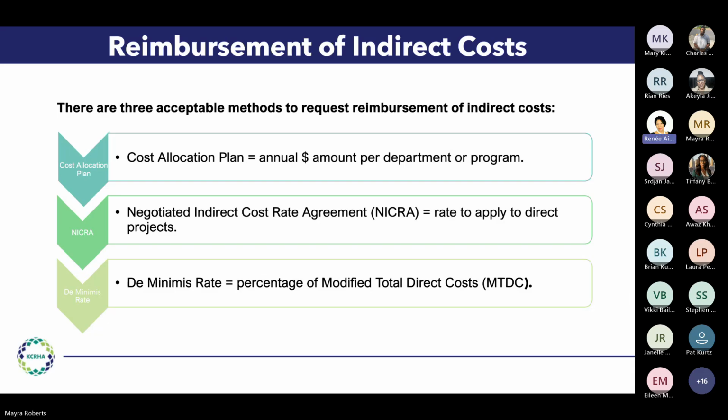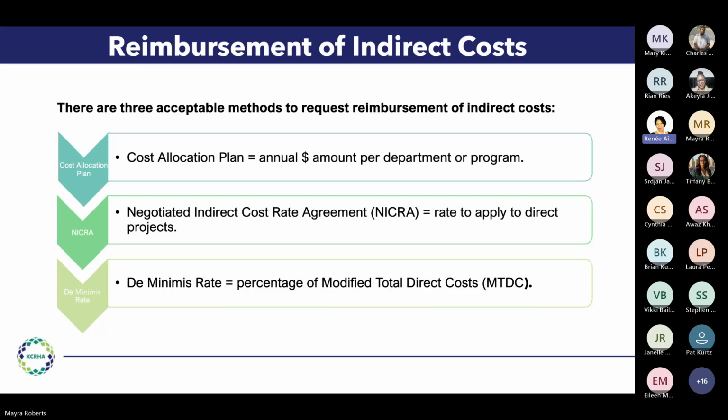Okay. So there are 3 acceptable methods to request reimbursement of indirect costs. And those 3 methods are cost allocation plan, which is an annual dollar amount per department or program. So again, you're allocating across programs a percentage of those costs, particularly if you're charging them direct. Then you have your NICRA.